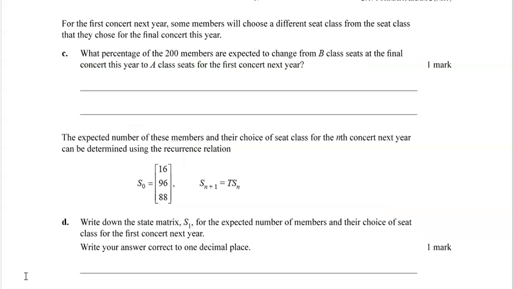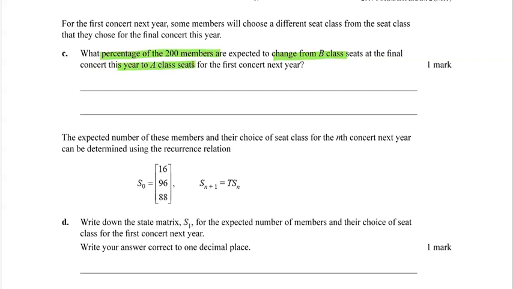For the first concert next year, some members will choose a different seat class from the seat class that they chose for the final concert this year. So part C, what percentage of the 200 members are expected to change from class B to class A for the first concert?